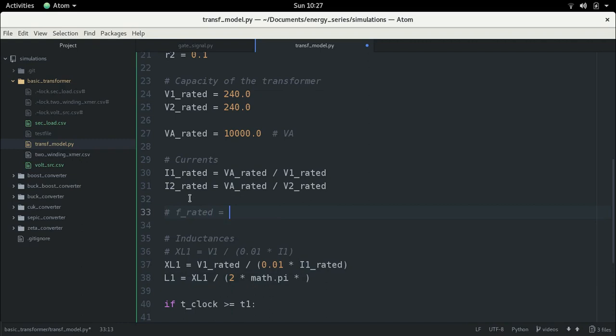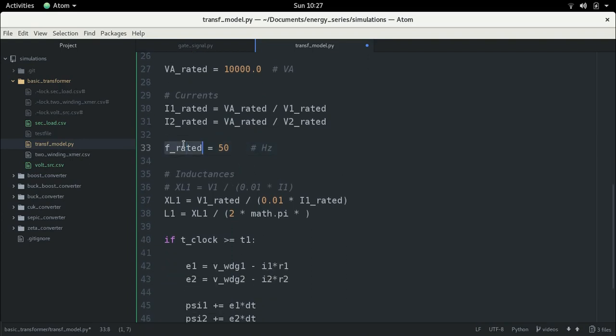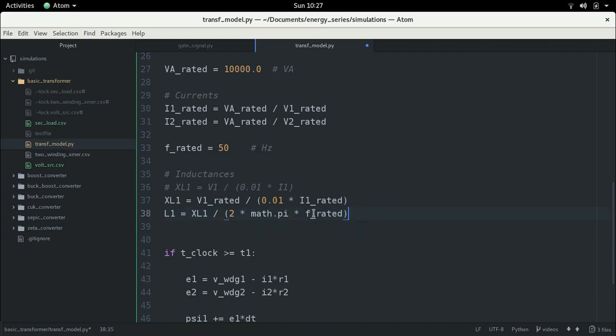So I'm just going to say F rated is equal to 50, and I'll just put a comment saying this is Hertz, right? So now that we have this, all I have to do is copy it and paste it here. This is my inductance. Similarly, I can do the same thing for L2 as well.